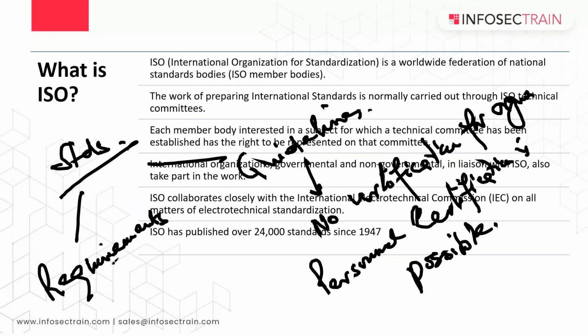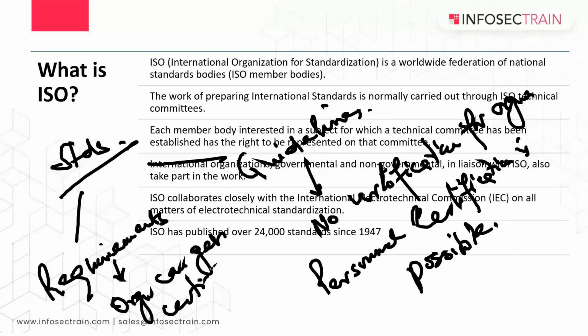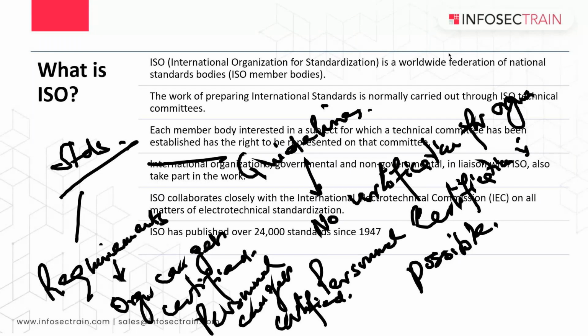On the other hand, requirements standards give requirements, and organizations can get certified, and even personnel can also get certified. So these are the two types of standards.